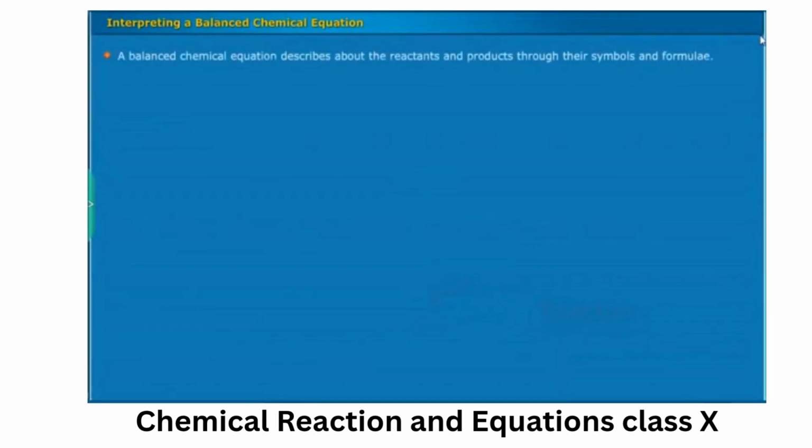Interpreting a balanced chemical equation. A balanced chemical equation describes the reactants and products through their symbols and formulae. It gives the ratio of molecules of reactants and products that participate in a chemical reaction.